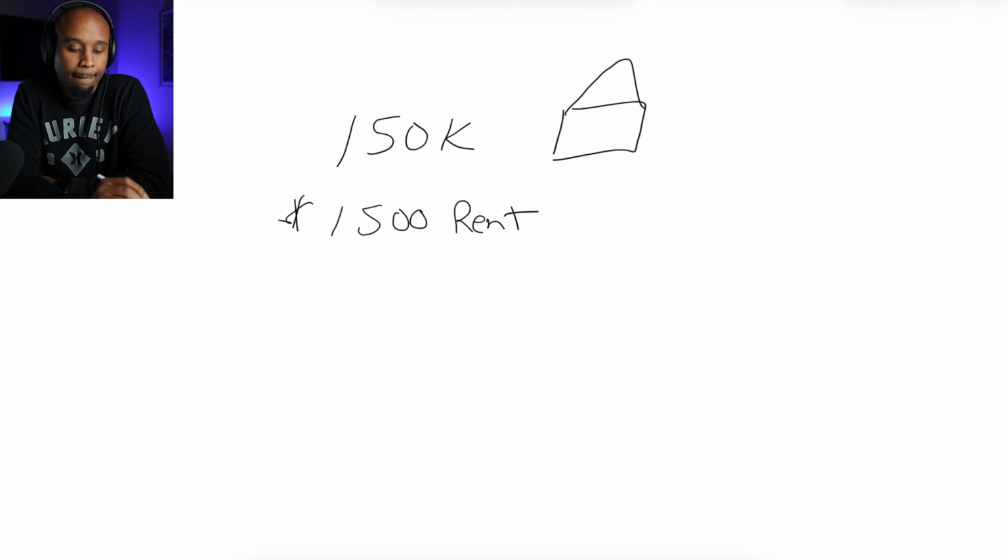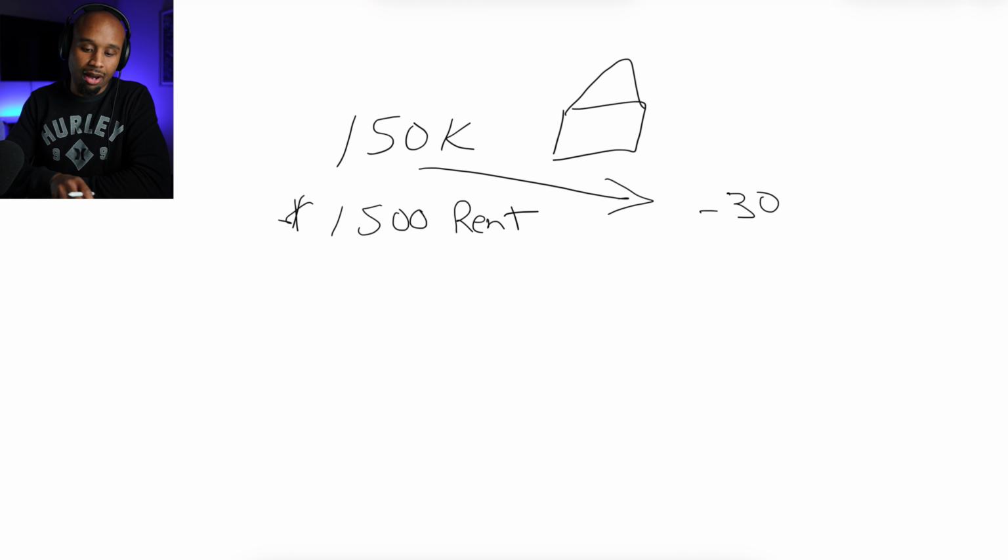So rent. Now, okay, so you have to put down 30 here. So you got to put down 30,000. That's 20%. Oh, you know what? Let's say 25%. So let's say that you put down 25%. So that's $37,000.